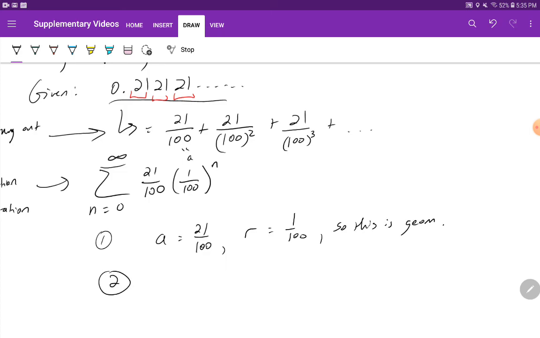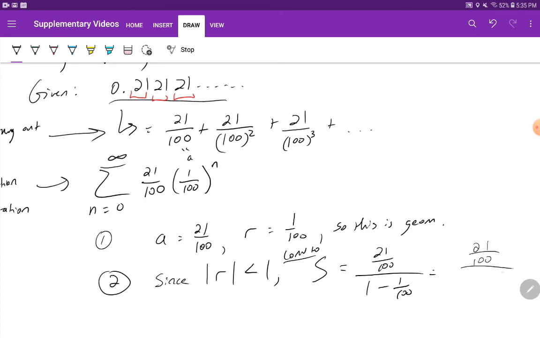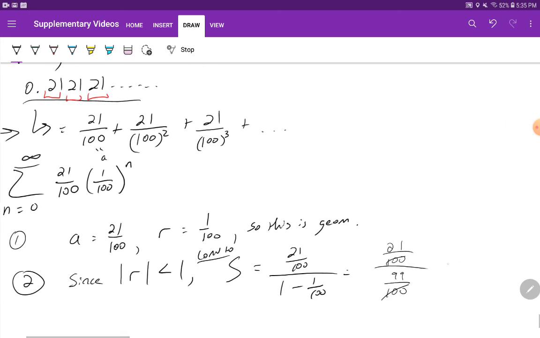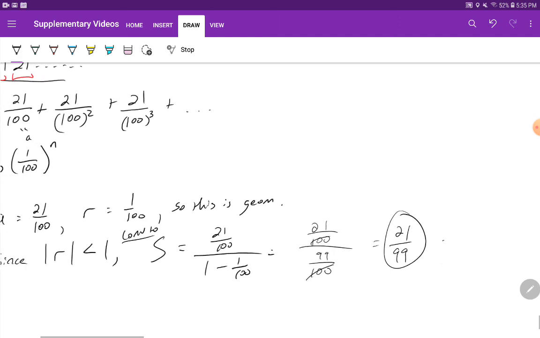And then the second part, since the absolute value of R is less than 1, it's 1 over 100, the series converges to the sum, which is 21 over 100 over 1 minus 1 over 100, which is equal to 21 over 100 over 99 over 100, or 21 over 99. Oh, this reduces down, if you want, to 7 over 33.